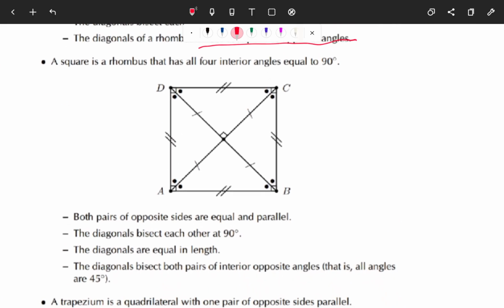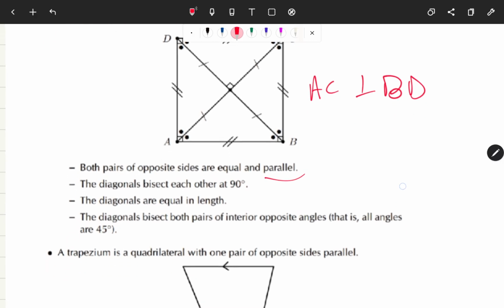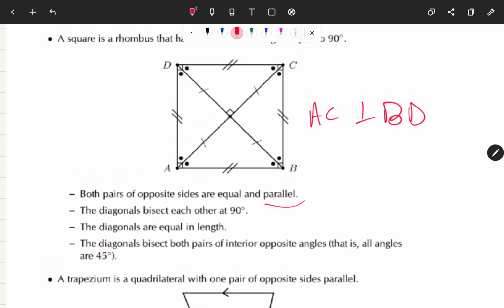So you use the distance formula, you use the gradient for the parallel parts, and you use the gradient as well for the 90-degree perpendicular lines, AC and BD being perpendicular. Or you can show that DA is perpendicular to AB. The gradient formula helps you do that.